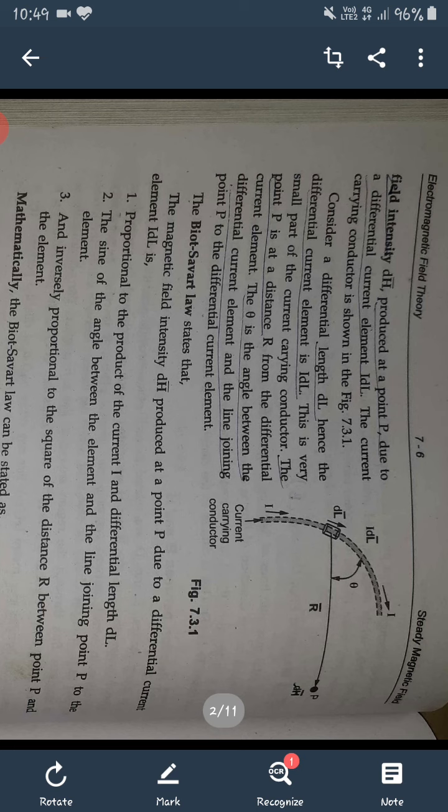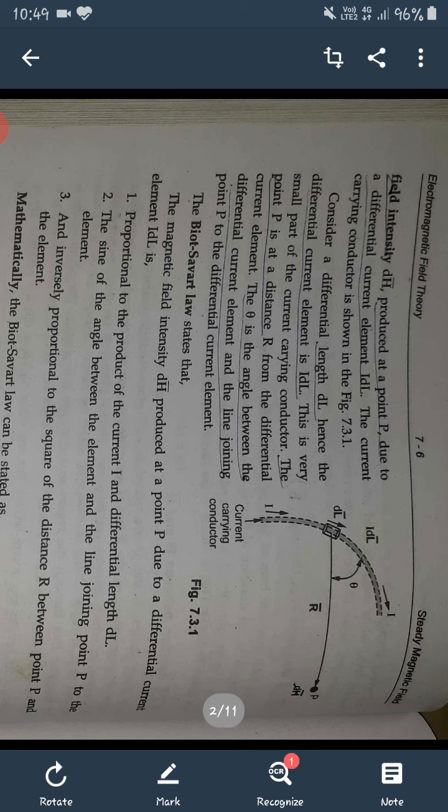This is a very small part of the current carrying conductor, carrying current I. Therefore, we call this a differential current element IdL.